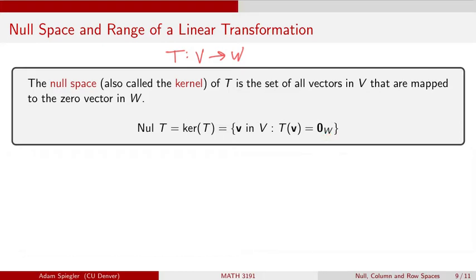So we're trying to find all of the vectors in vector space V that get mapped to the zero vector in vector space W. It's the same exact idea as the null space for a matrix A.